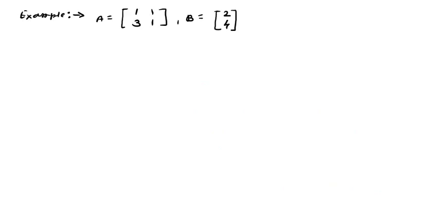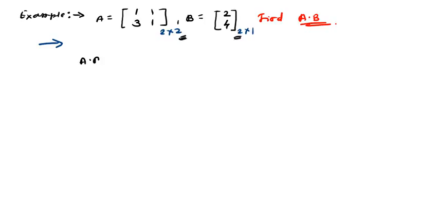Now again the question is: find A into B if it exists. So for the existence of the multiplication of matrices, we need to check the order of both matrices. This is a matrix of order 2 by 2 and this is a matrix of order 2 by 1. So obviously the number of columns in the first matrix is equal to the number of rows in the second matrix.